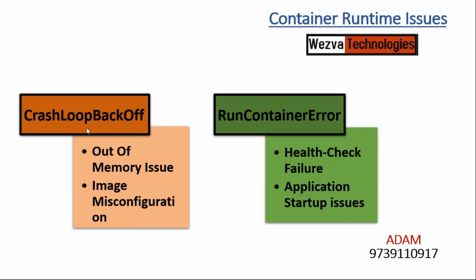Because of that, what will happen? In Kubernetes, for every pod you give, there is a condition in which, if the container goes down, it can automatically restart the container. So when you are defining your pod spec, you can tell it that if for any reason the container in the pod goes down, it should automatically start it again.